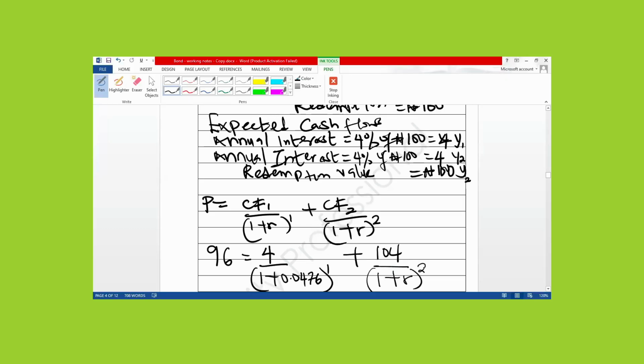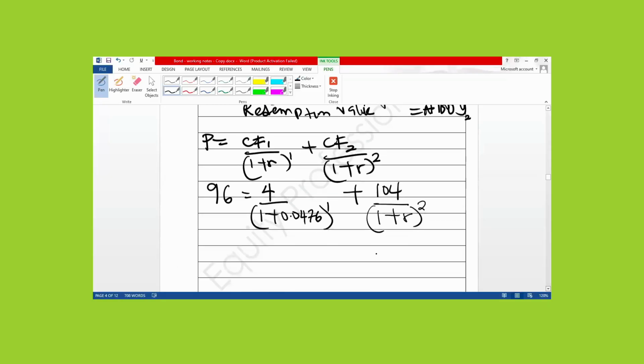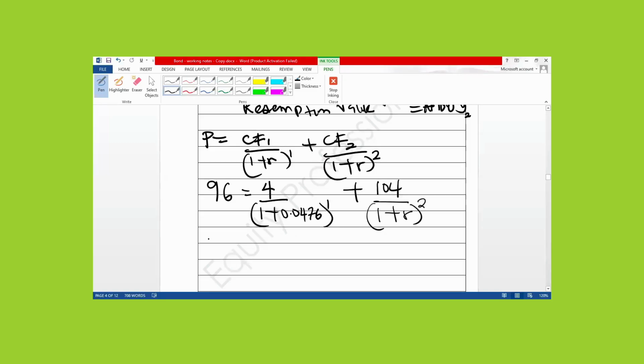I don't know the spot rate in year 2. That is what I'm trying to calculate. You have an equation already, so it's now mathematics skills. 96.